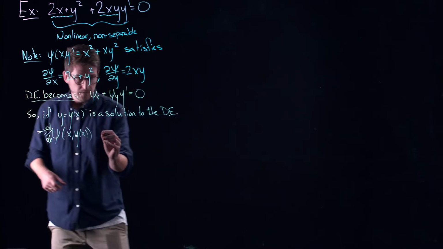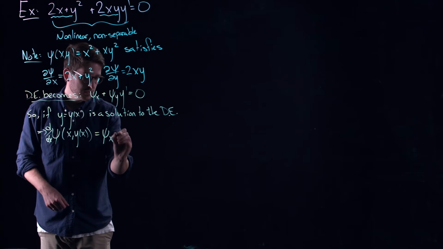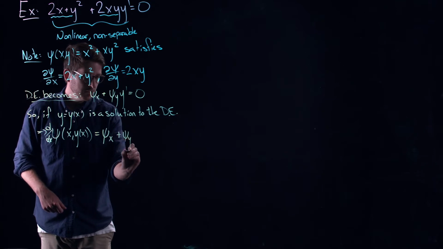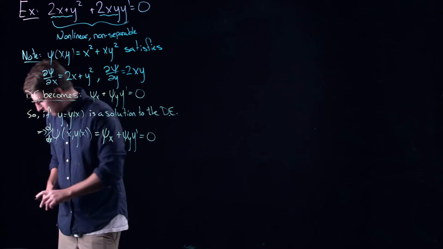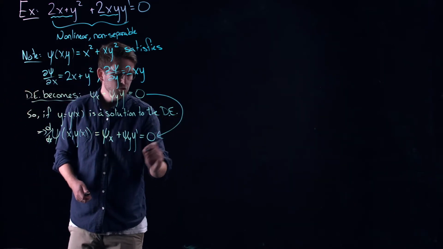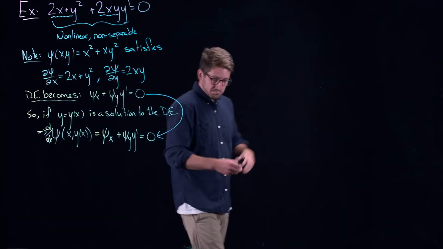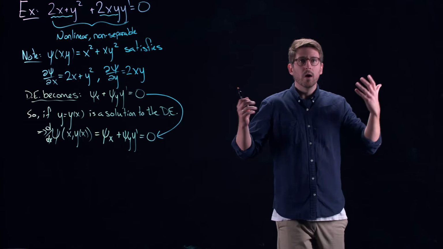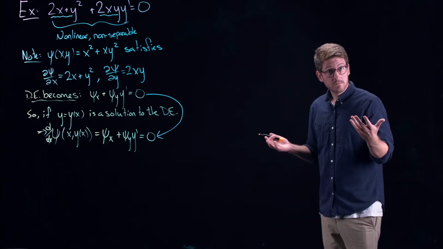If I take this derivative, this is sometimes called a total derivative. I get psi x plus psi y times y prime, which is equal to 0, just based on the fact that I have a solution to the differential equation. What does that mean? Well, I identified a function whose derivative is 0.